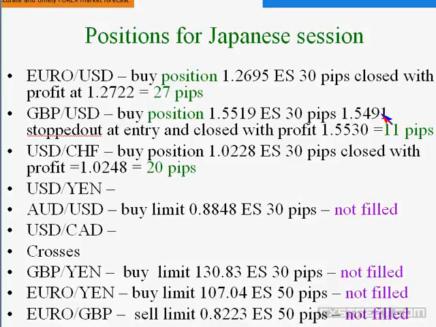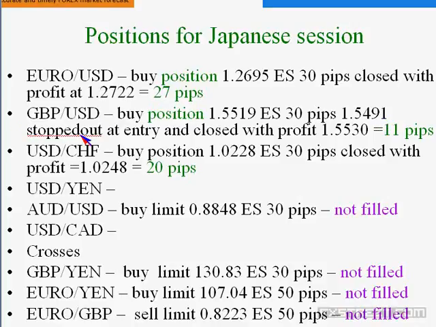So that got filled and I was watching, and they formed the low at 1.5488, and then I was able to keep a stop at entry, and then once it was closed, I kept another hedging order 30 pips below, at 1.5461, and that was not filled.